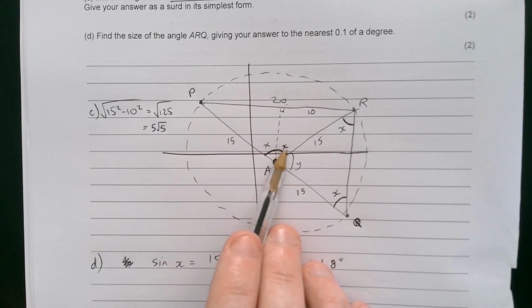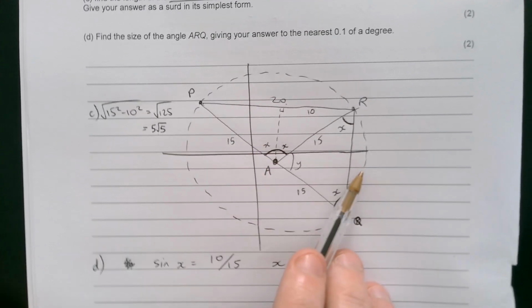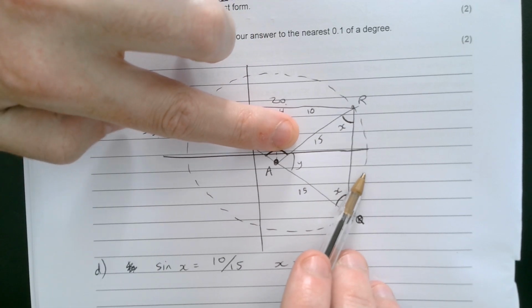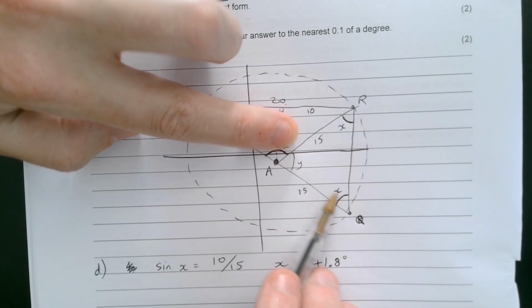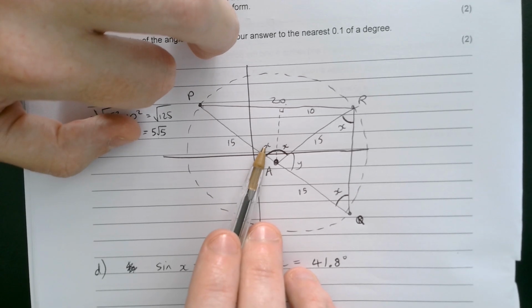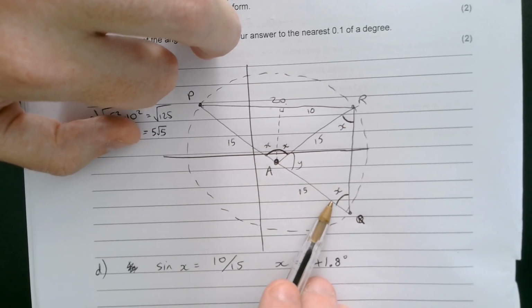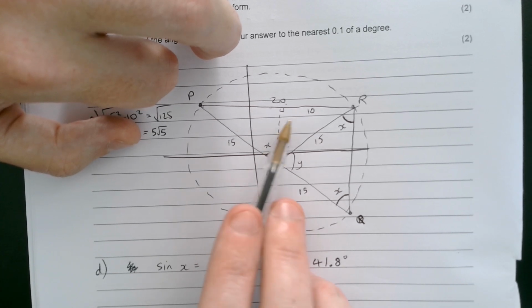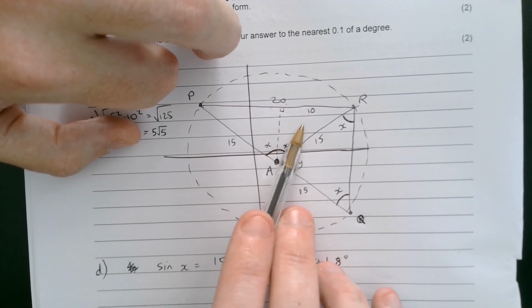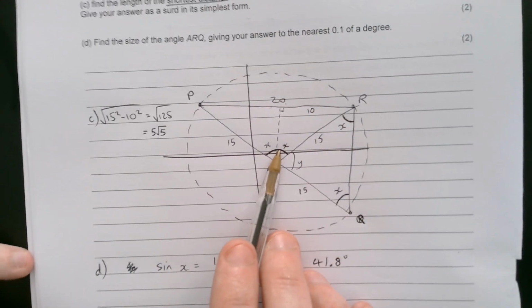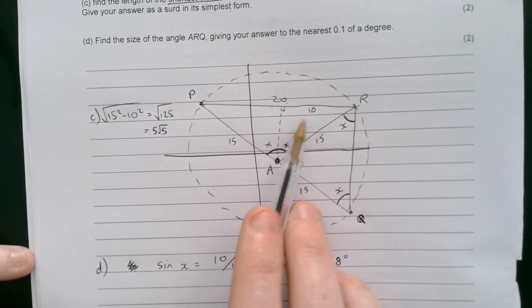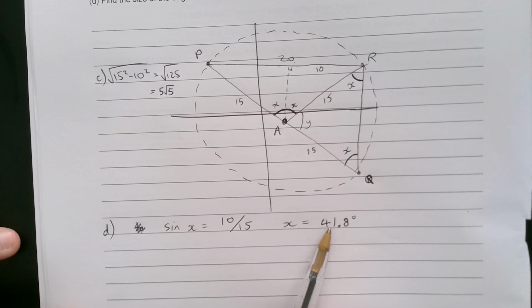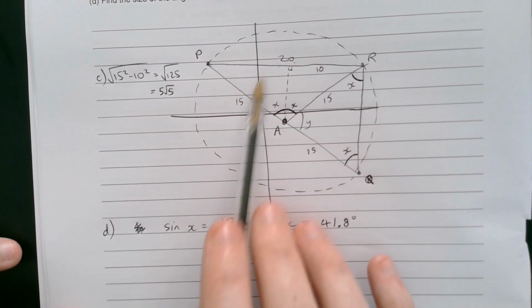I know I put that on there already, but it was maybe not obvious that these angles are going to be equal to these angles, but because y plus 2x is 180 here and here, and these two triangles are congruent, that means that I can just work out x by doing inverse sine of 10 over 15. So it's like a one-stepper, but a lot of the work is done on the graph.